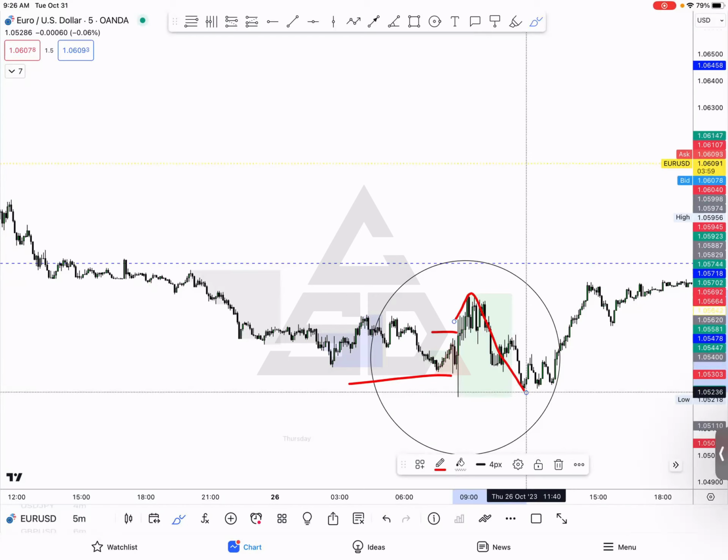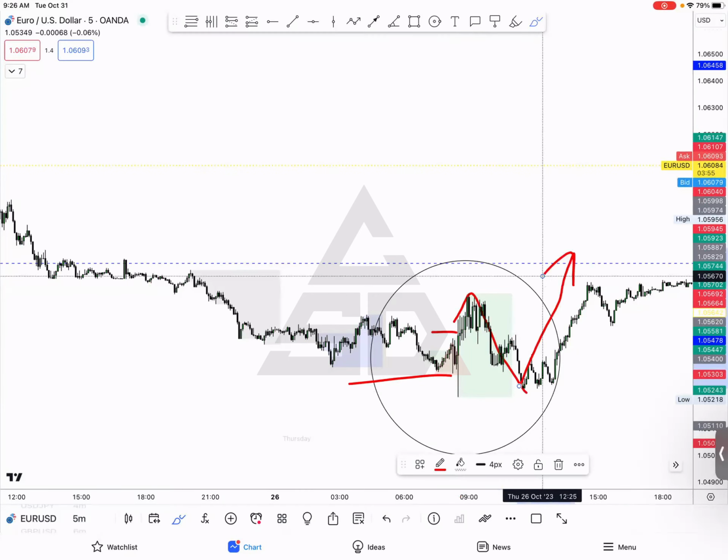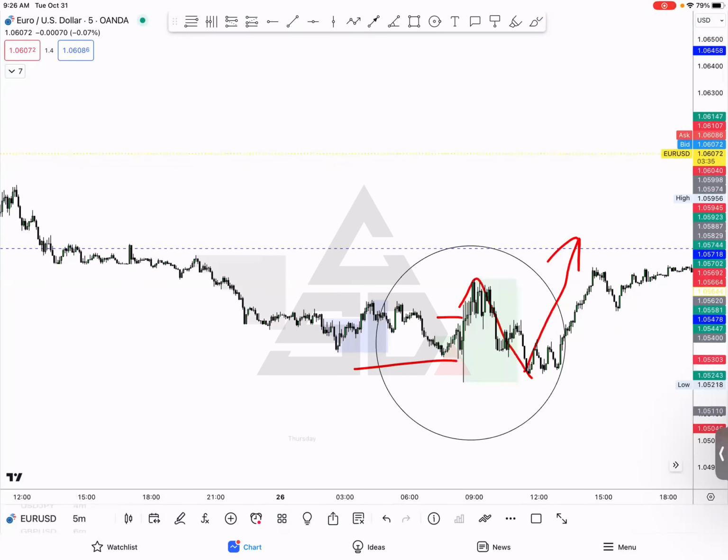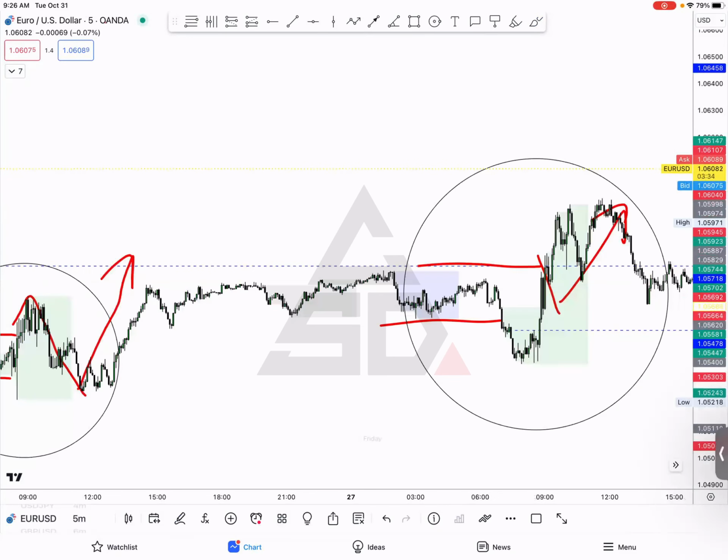I say every breaker is not the same. Some have different identities, but just understanding this is going to fine tune your lower time frame mastery. You're going to understand a lot of these things. So let's keep going for more examples. That's how many days in a row? 1, 2, okay, 3 days in a row.